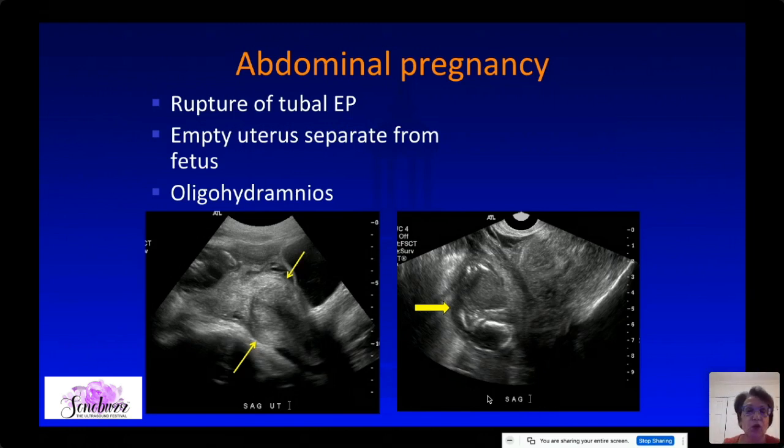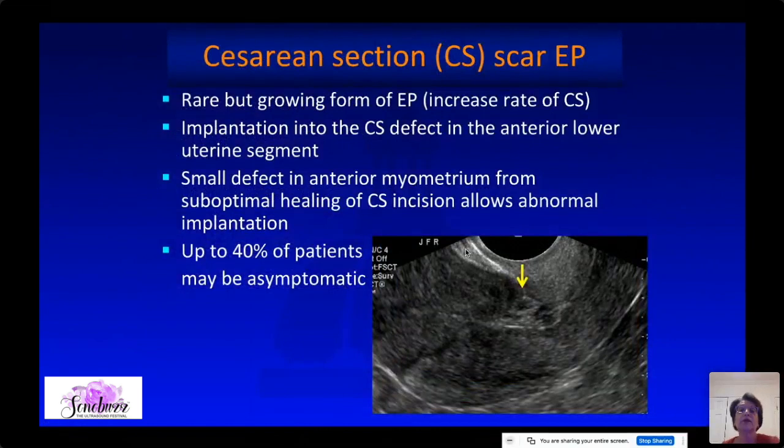What you're going to see is an empty uterus with a fetus that's separate. Oftentimes there's oligohydramnios. We have seen some cases that are more advanced, and then MR is really great to make that diagnosis. Now, another ectopic implantation that is becoming more and more common, at least in the US because of more and more C-sections, is a cesarean scar implantation.